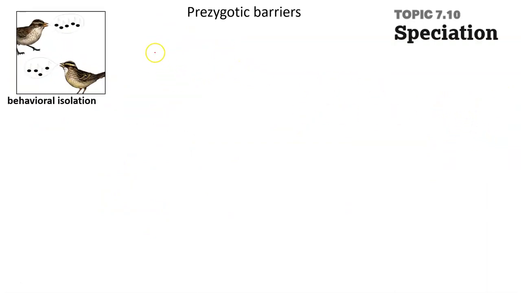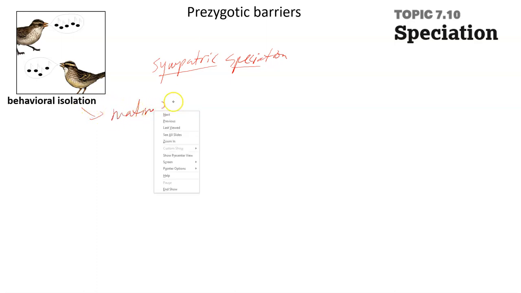Okay, let's look at some more prezygotic barriers. These are all, again, examples of things that could be sympatric speciation, meaning that they can occur in the same place, like I said before. Behavioral isolation. Oftentimes, it has these pictures of these birds with different music notes next to them, indicating that they have a different mating behavior, which is isolating these organisms.